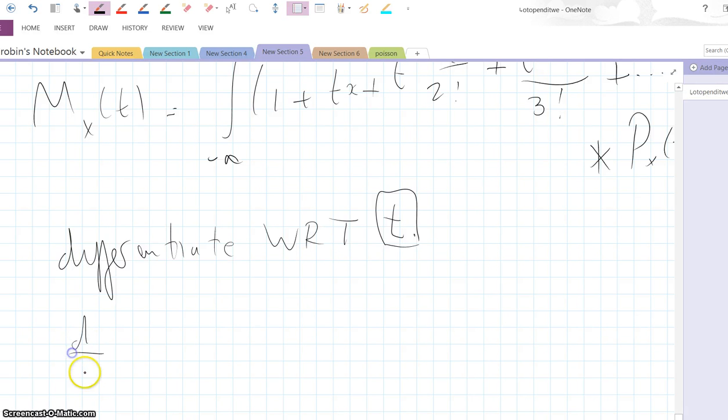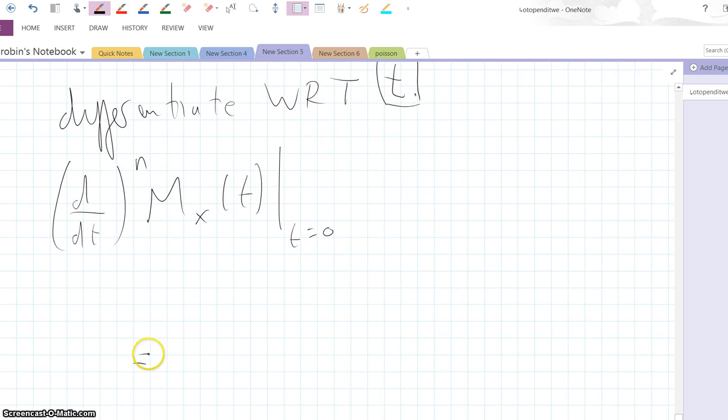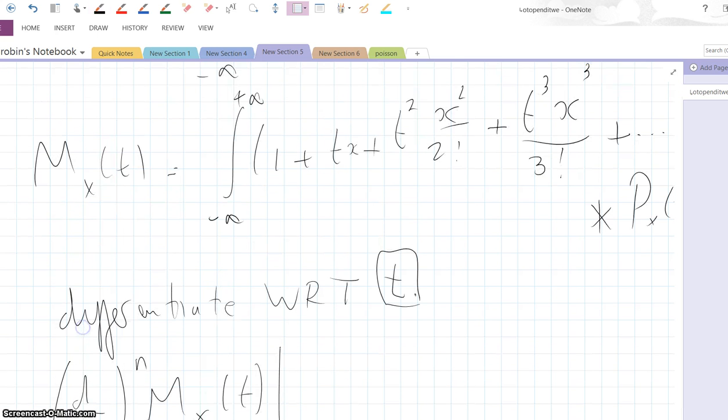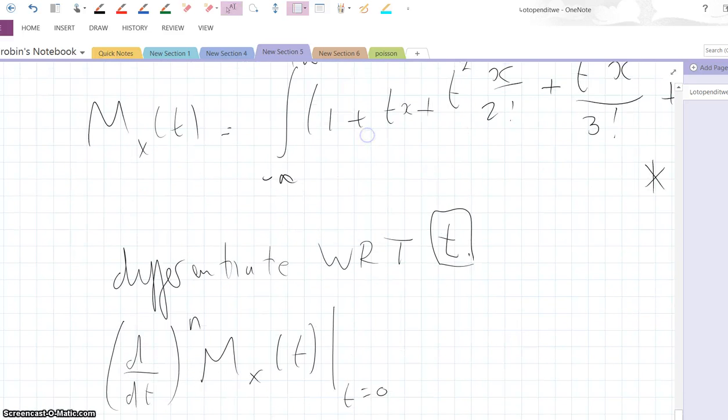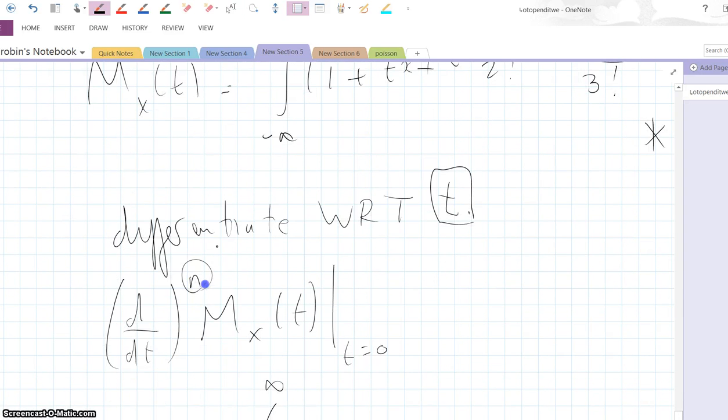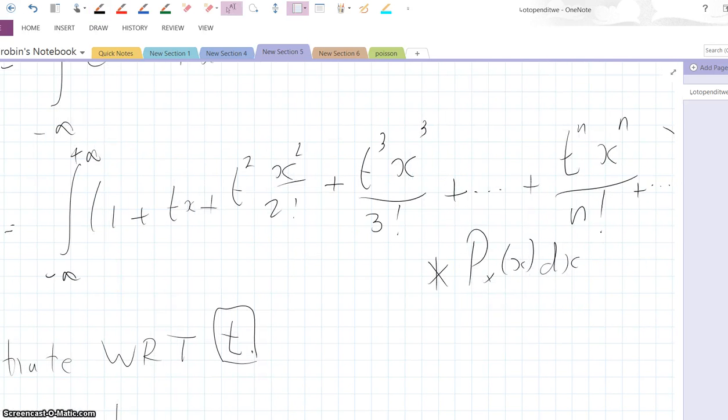So I'm going to say d by dt to the power n, where this is a differentiation with respect to t operator, of m sub x of t, and I'm going to evaluate this at t equals 0. Well, that's equal to the integral from minus infinity to infinity of, let's have a look at this. I'm going to differentiate n times, where n is some fixed integer, with respect to t.